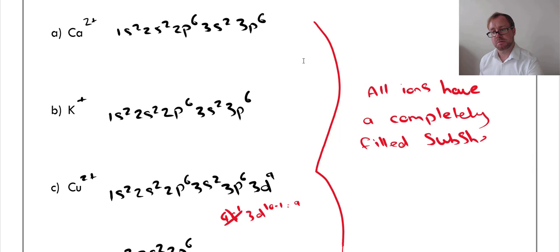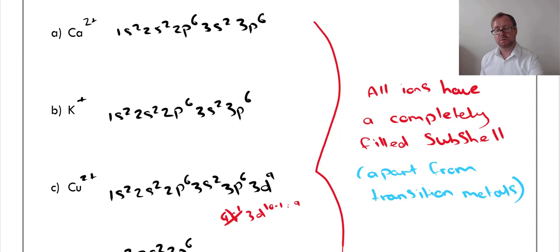We'll just put in brackets apart from our transition metals. That makes sense, doesn't it? That makes sense because when we are forming ions, we have to make sure they have a full outer electron shell. So all we're saying is this subshell is an outer electron shell, which has to be completely full.